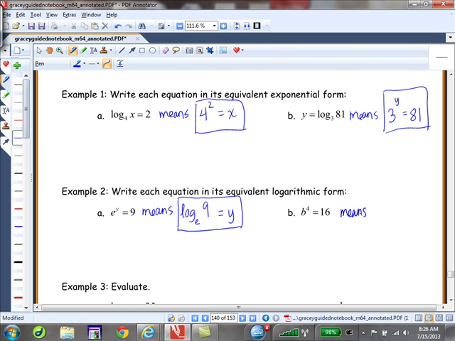And this one, you give it a try. You start out with log, remember? Then you figure out what the base and the exponent are. Good, so log, the base is b. The exponent comes after the equal sign, so that's 4. And what's left? 16.